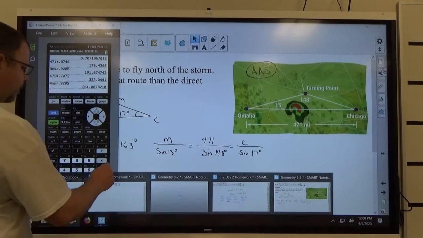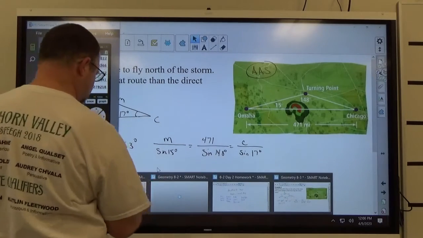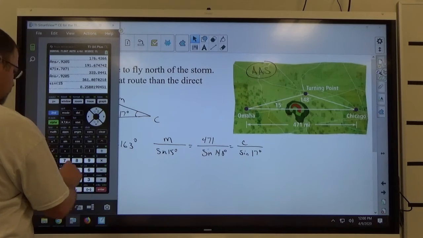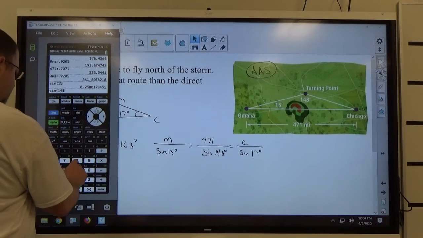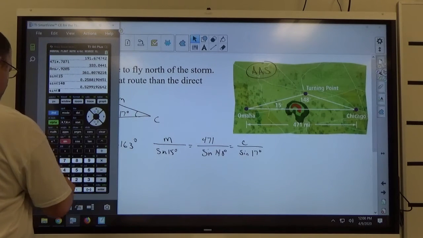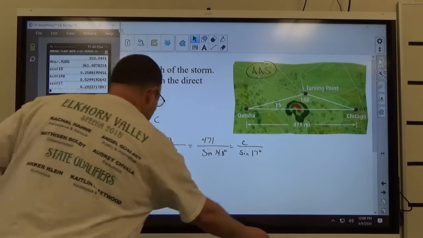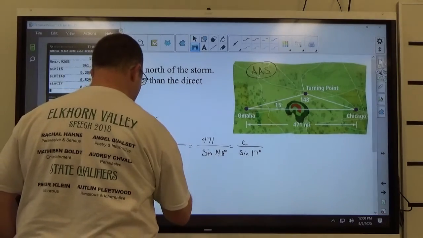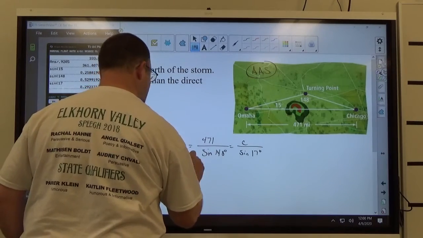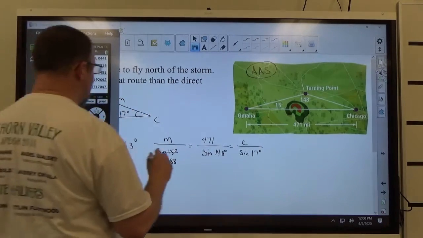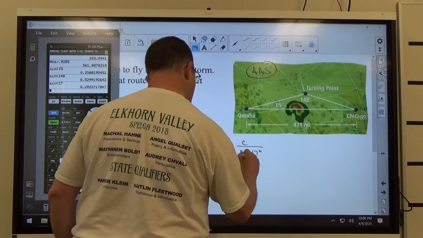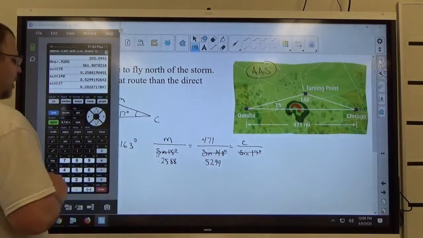So, sine 15, sine 148, sine 17. So sine of 15 is 0.2588. Sine of 148 is 0.5299. Sine of 17 is 0.2924.